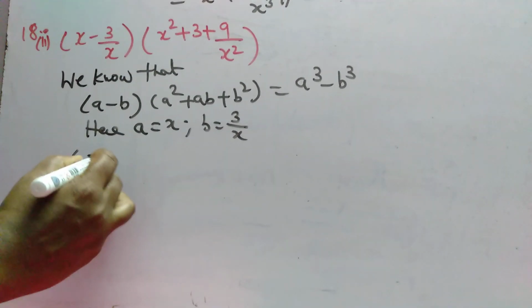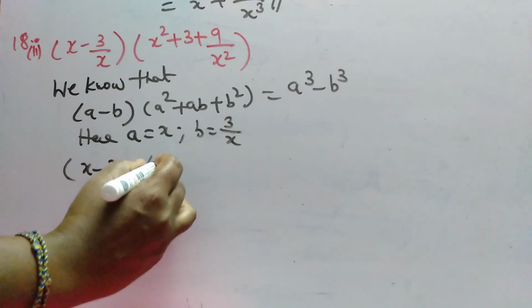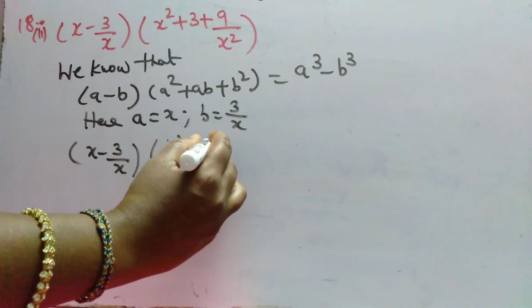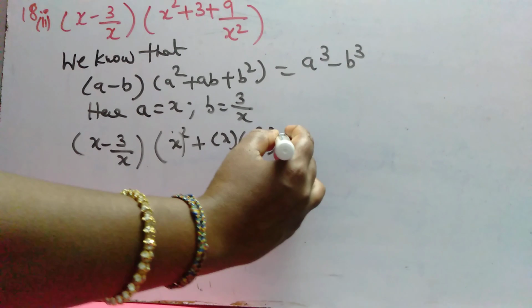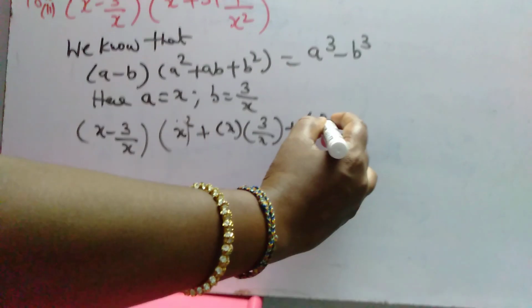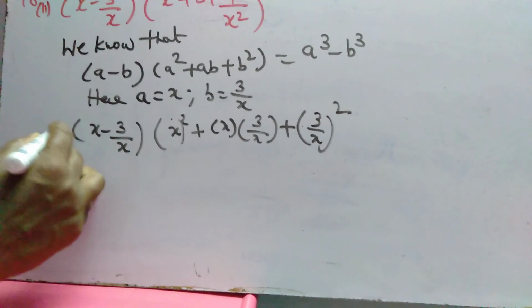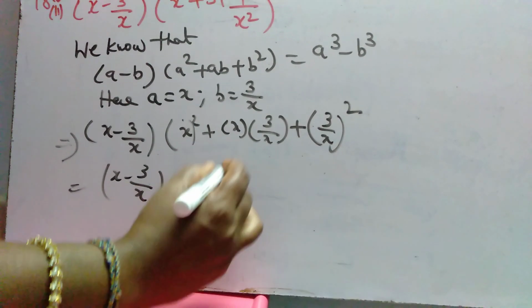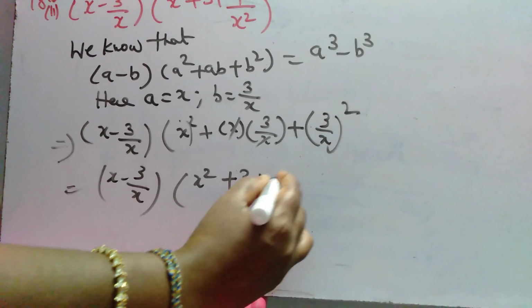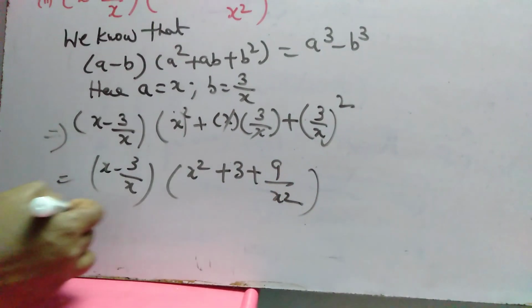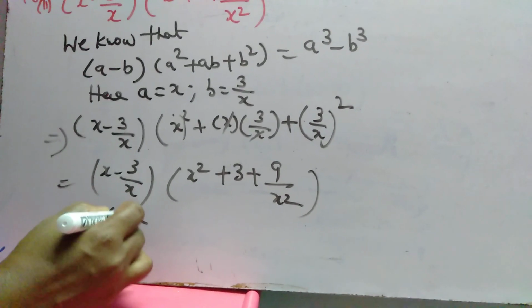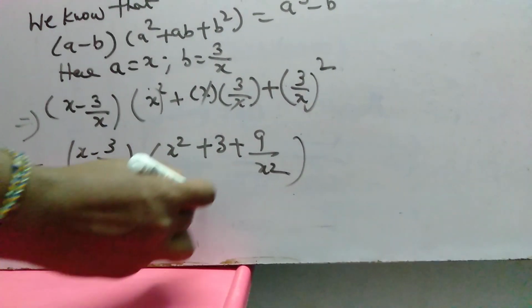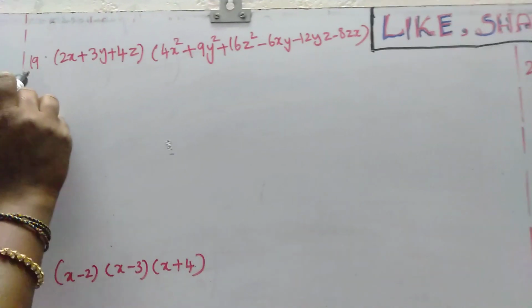So (x - 3/x) into (a² + ab + b²) equals (x - 3/x)(x² + 3 + 9/x²), where x will get cancelled, which is the expanded form of (x - 3/x)³. Right? Okay. Next, 19th question.